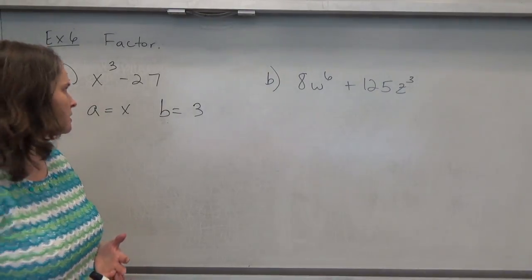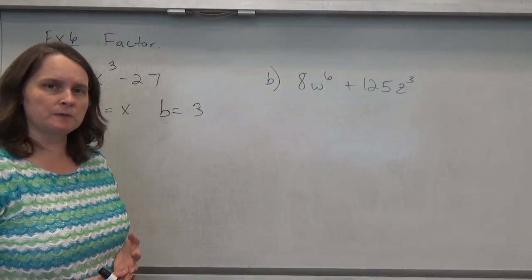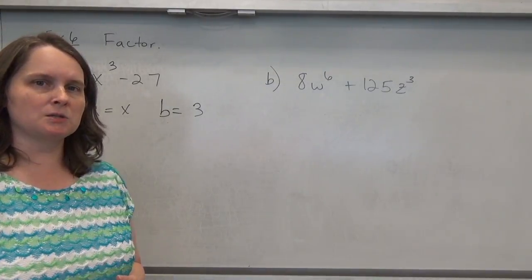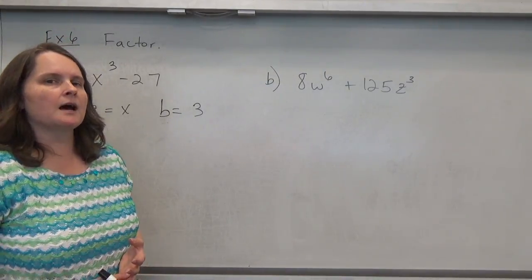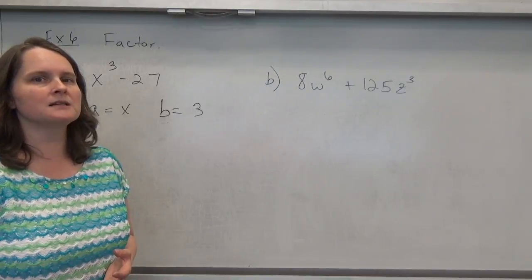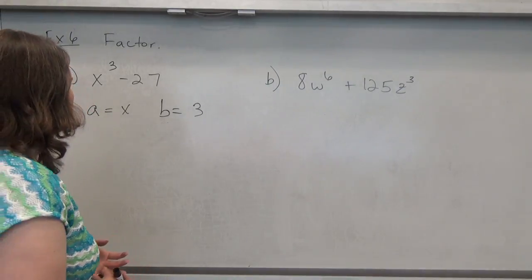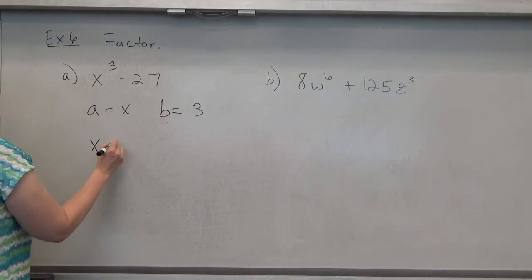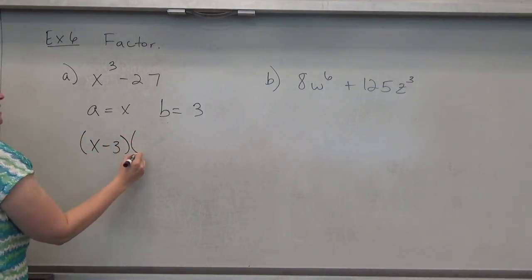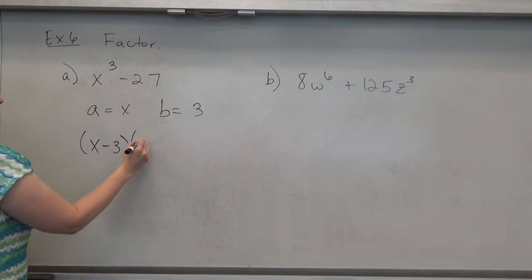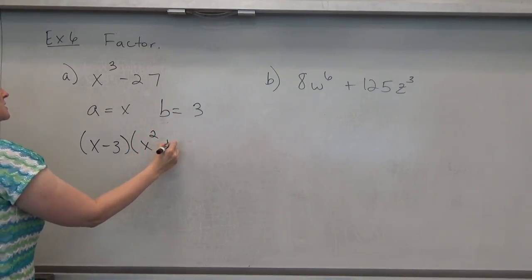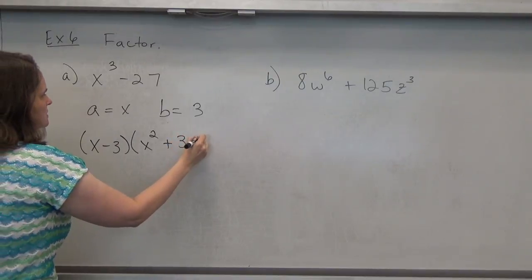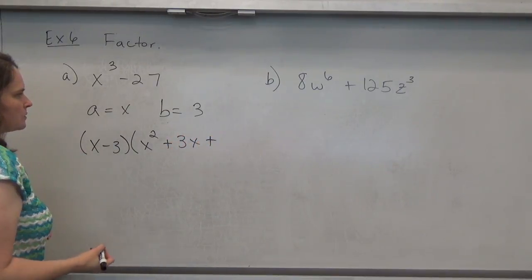The difference of cubes formula states that a cubed minus b cubed equals a minus b, parentheses, times parentheses a squared plus ab plus b squared. So using the formula, we're going to have x minus 3 in parentheses times x squared plus a times b is 3x plus b squared, which is 9.